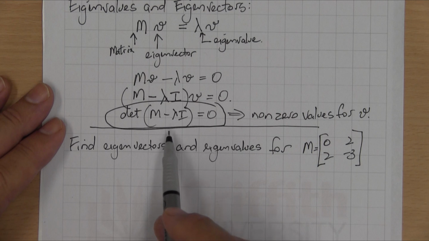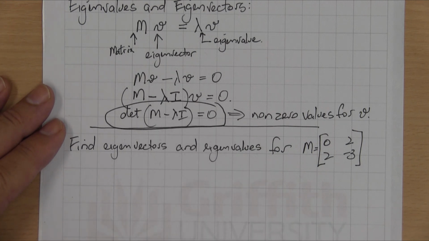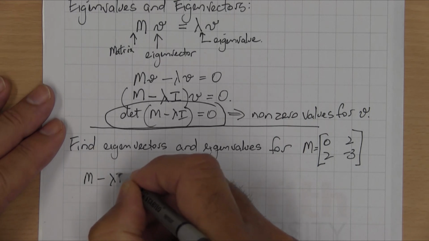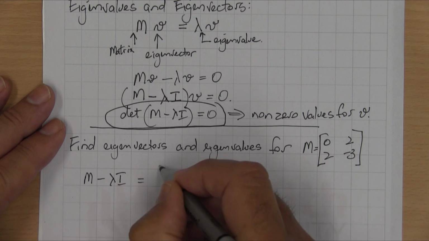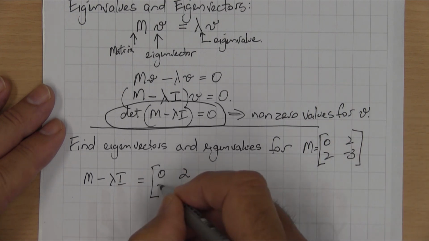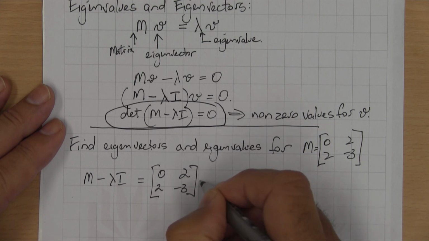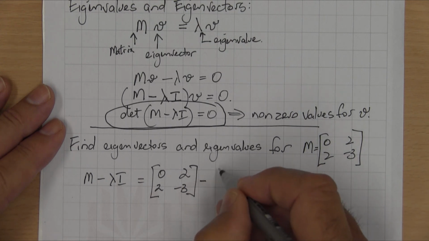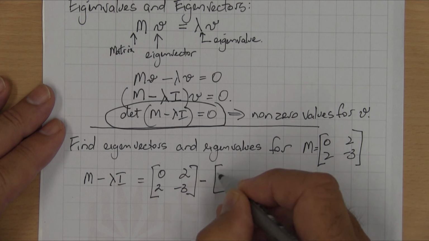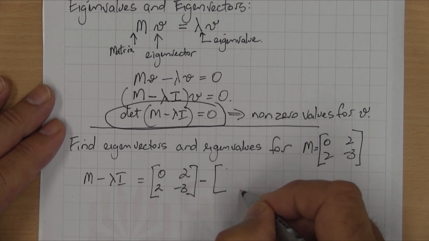But before we do that, we need to find M minus lambda I. So M minus lambda times the identity will be equal to 0, 2, 2, negative 3, minus lambda outside the identity. Now lambda outside the identity for a 2 by 2 is just 1's there.